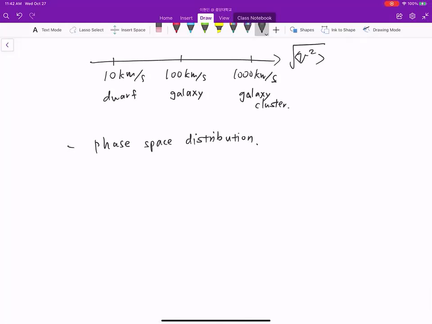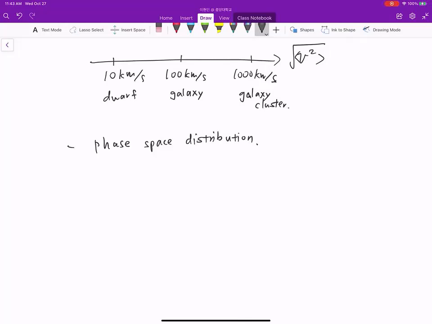So let me give you one example, maybe. I think that you have already taken some classes on statistical mechanics, so I don't have to repeat them here.